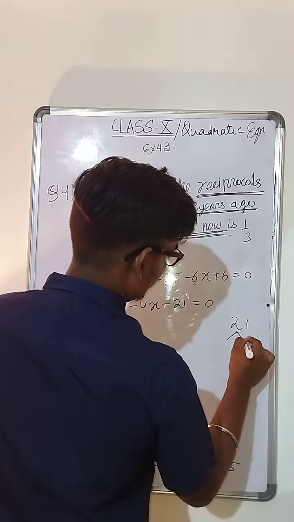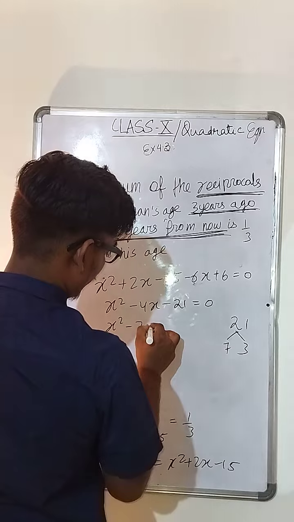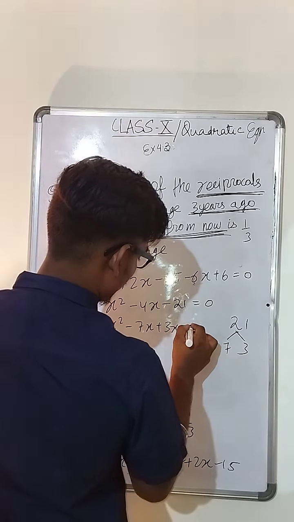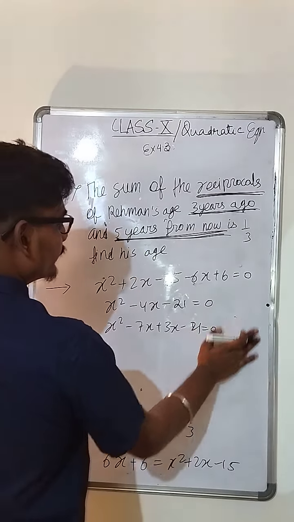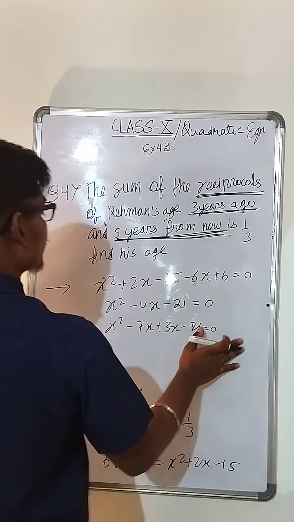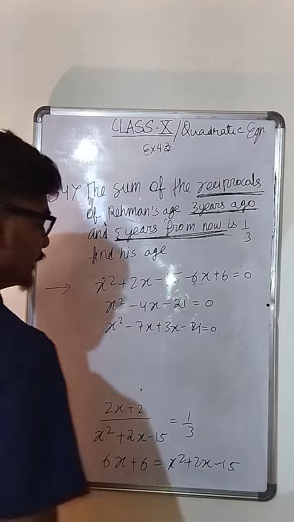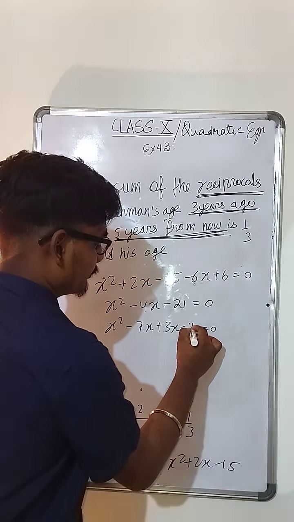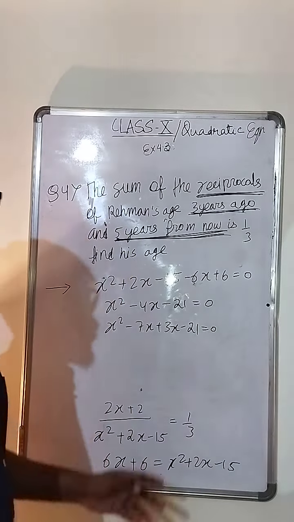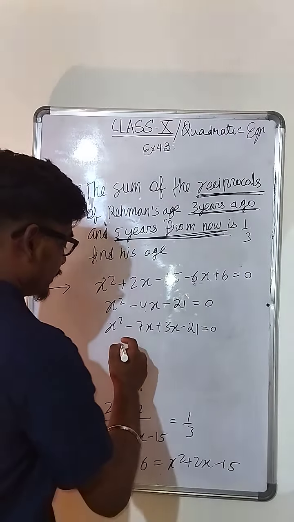So x square minus 7x plus 3x minus 21 equal to 0. If it is going by factorization method, then apply factorization. If it is going by completing square method, then apply completing the square. And if it is going by quadratic equation, then you can apply the quadratic equation formula also.